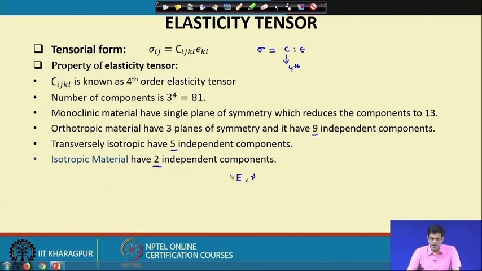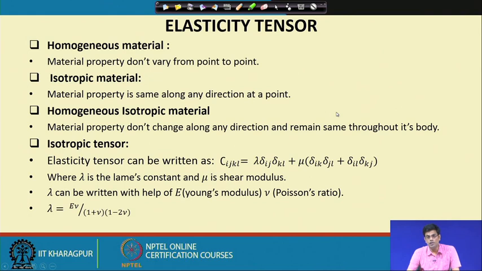But before that, let us see how stress and strain relate for an isotropic material. There is another important thing we have to remember here. A material can be a homogeneous material.